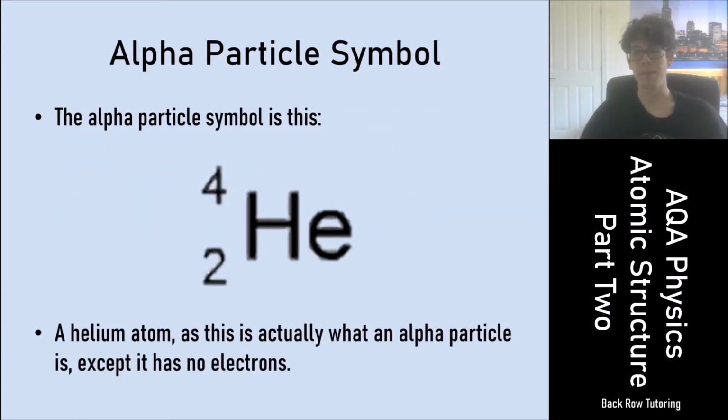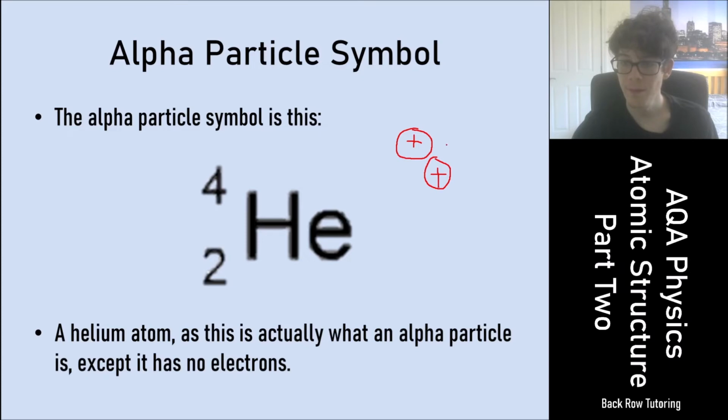So, alpha particle symbol. The alpha particle symbol is this. He, 4, 2. A helium atom, as this is actually what an alpha particle is, except it has no electrons. So, remember, an alpha particle is 2 protons and 2 neutrons, and that is what an alpha particle is.